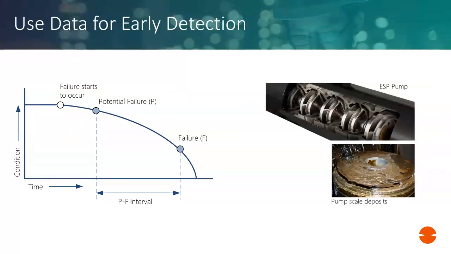All of that needs to be synthesized together in order to create valuable insights that would allow us to detect potential failures, early warnings, such that we can prevent the actual failure from happening. Based on the PF interval, the time that you have to respond, it allows you or your organization to have a suitable time window in which you can still react to the disturbance.